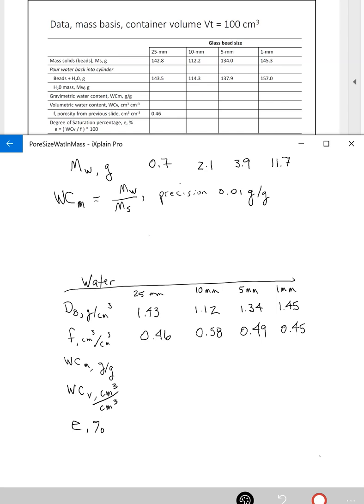With that, I'll do the example on the first one. Pause, put the rest of the data in. You should pause and do the math on your own. Make sure that you get the same answers.